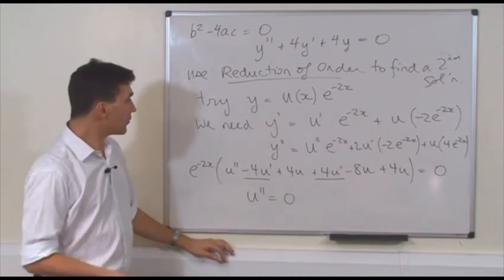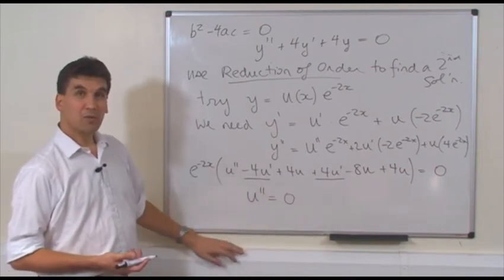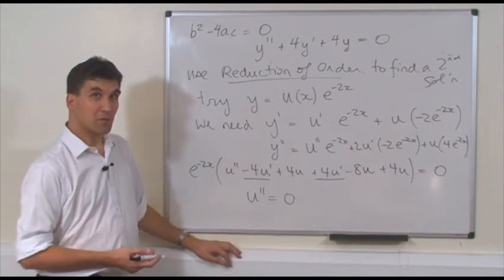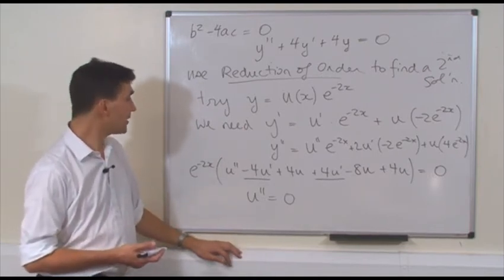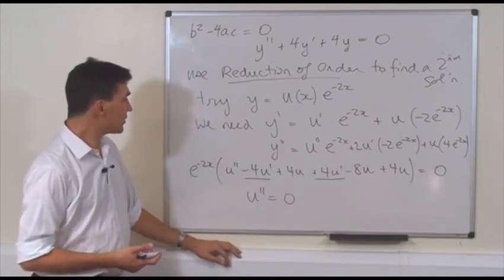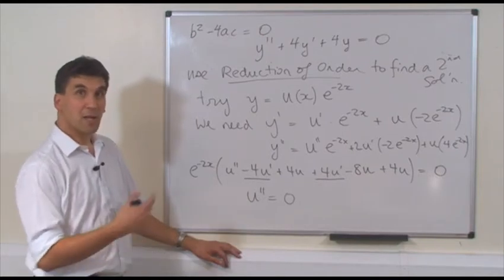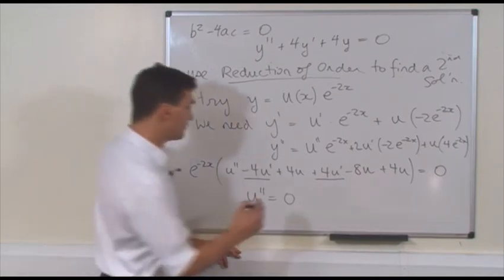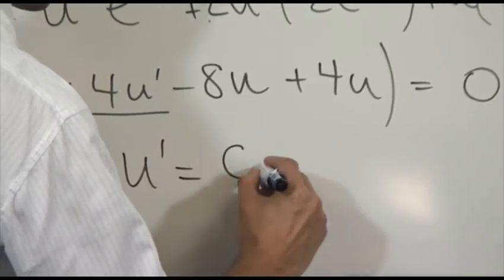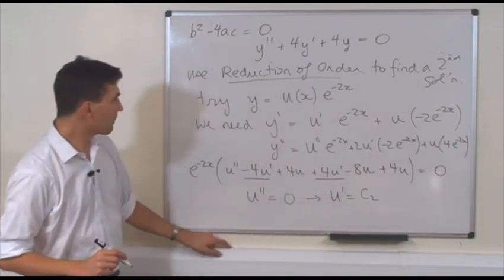The way that it would normally work is you'd have a u double prime and a u prime at this point, and you would define a new variable v, which would be equal to u prime. You'd end up with a first order equation for v. Here, in fact, it's even simpler. The equation we're trying to solve is u double prime equals 0. So the second derivative of a function is equal to 0. That means the first derivative is a constant. We integrate this equation once. We get u prime is a constant, which I'm going to call C2 for a reason that will become clear in a moment.